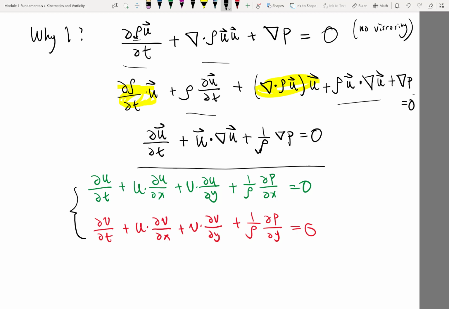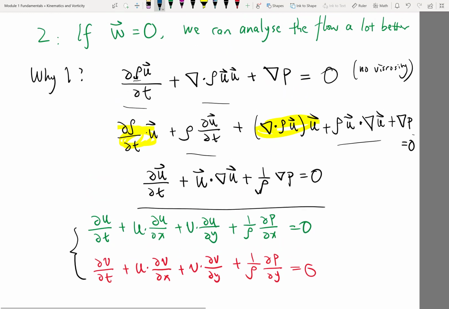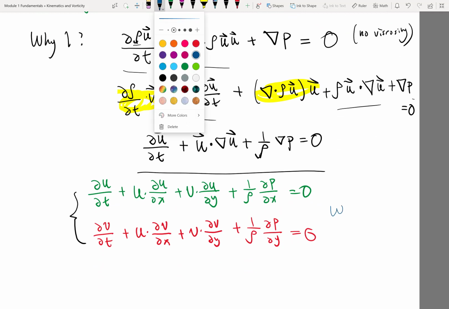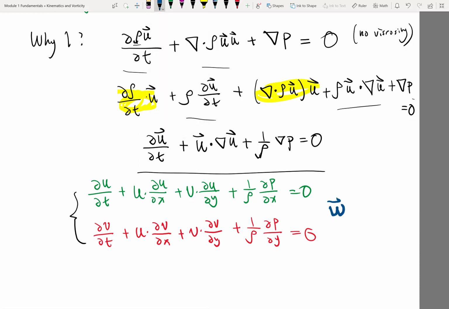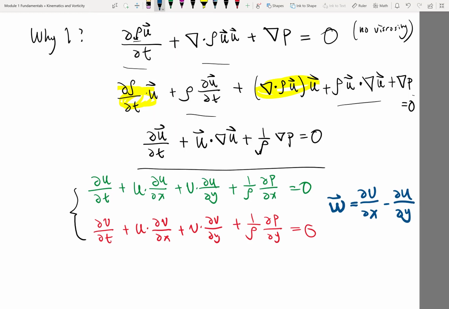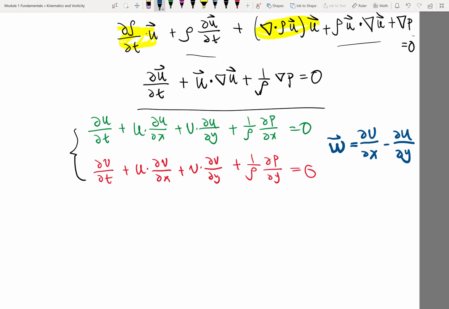What we'll be doing next is to combine these two equations to form vorticity. Remember, what is vorticity? Vorticity is partial v partial x minus partial u partial y. So we are going to take d dx of the entire second equation and subtract d dy of the entire first equation.